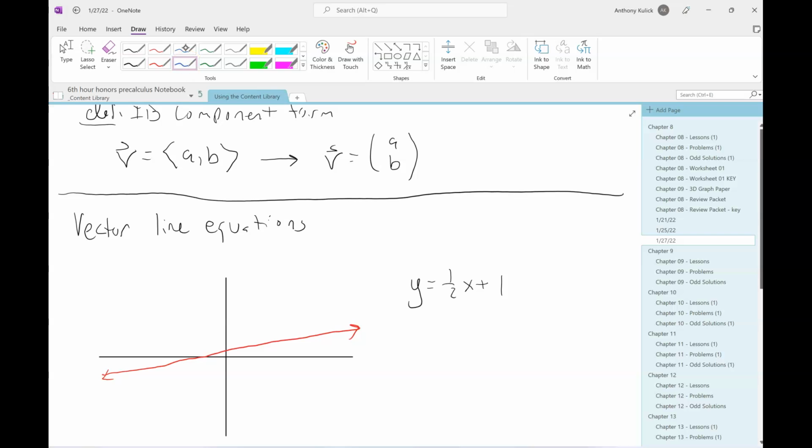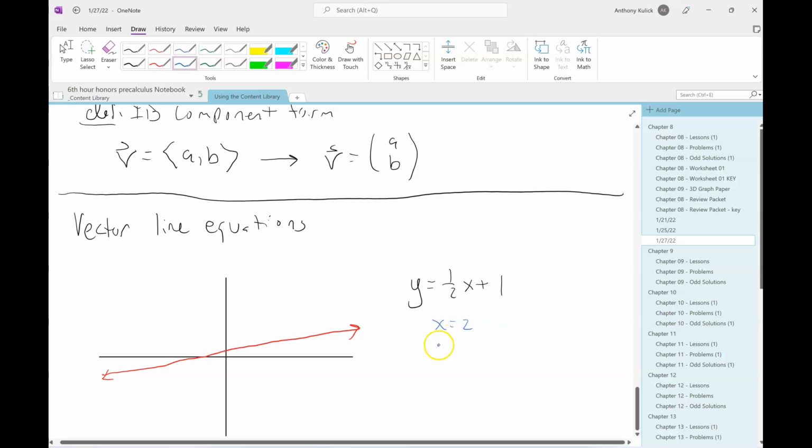So on a line like this, we can generate as many points as we want by picking a value for x and finding the value for y. So if we pick x equals 2, we'd get the y value of 2. So maybe here's our point 2, 2.